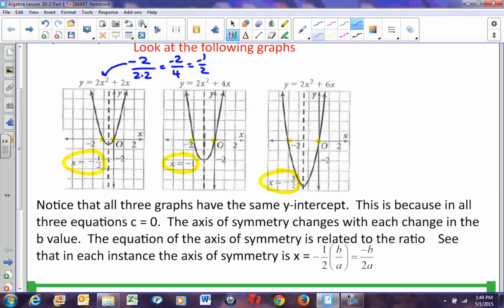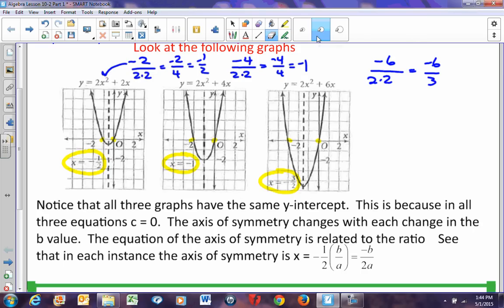And here, if I take -4 over 2 times 2, I get -4 over 4, which is -1. And in this last graph, I take -6 over 2 times 2. I'm going to get -6 over 4, which gives me -3/2.